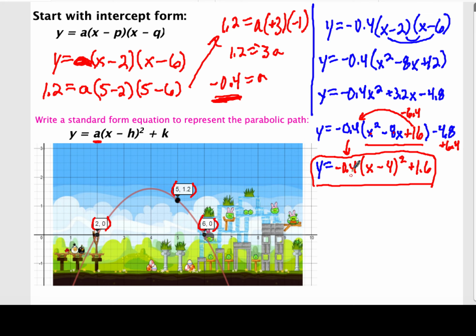Same leading coefficient, but now I'm in this sort of vertex form. If we wanted to know where the vertex was, again, x minus 4 means it's 4 units to the right, and plus 1.6 means 1.6 units up. And if we check our graph here, notice if we went to 4 and up to approximately 1.6, that definitely looks like where our vertex was.